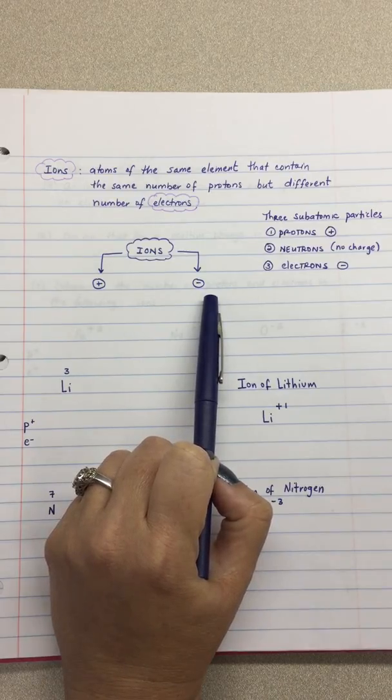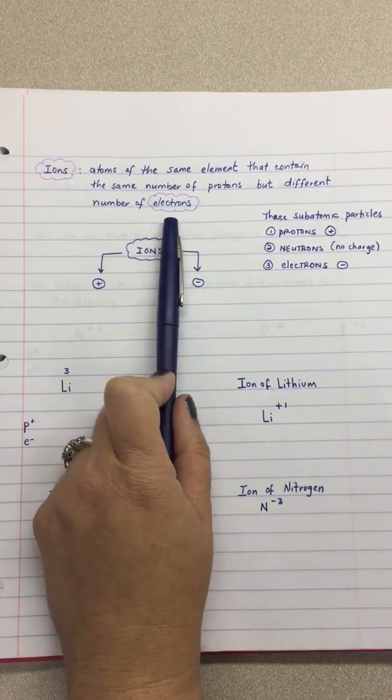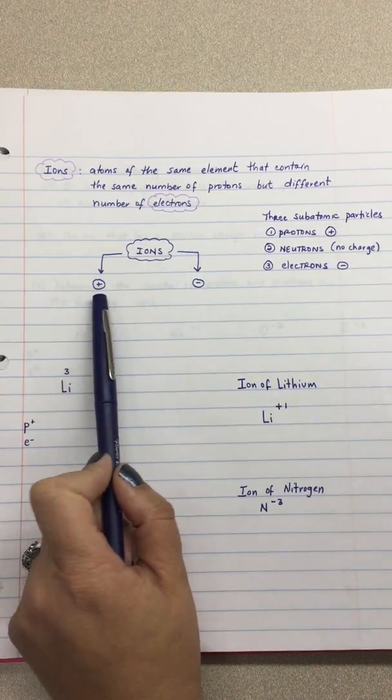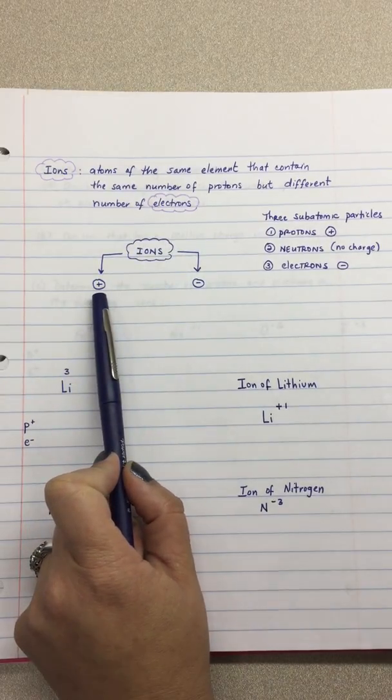If the number of electrons in an atom is decreasing, now you're going to have more protons than electrons, because when an atom is neutral, it contains the same number of protons and electrons. So if the number of electrons is going down, you're going to have more positive charge, which means an overall charge that is positive because your number of protons is higher than the number of electrons.